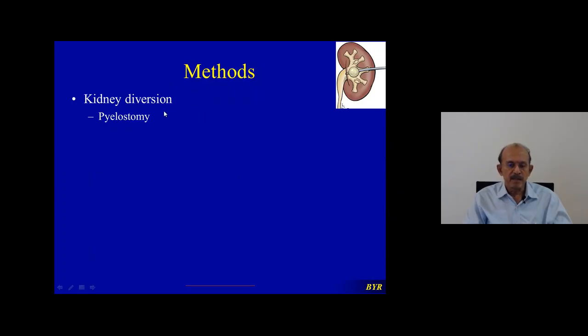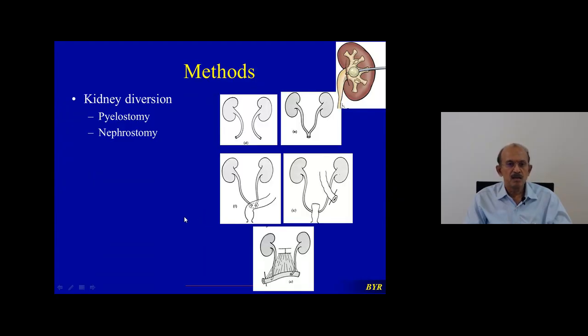You can see here kidney diversion. Do pyelostomy, that means you pass a catheter into the pelvis of the kidney. If the catheter is passed directly through the kidney into the pelvis, we call it nephrostomy. Then ureter, as you have said, in ectopia vesicae or following cystectomy. How will the ureters be diverted?